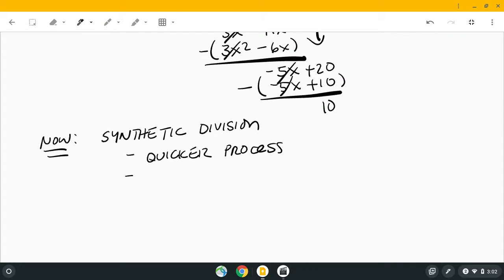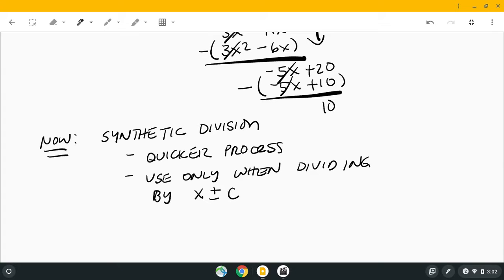Okay, so you can't use this completely in place of long division. You can use this only when dividing by like x plus 2 or x minus 2. Okay, so x plus or minus a constant.